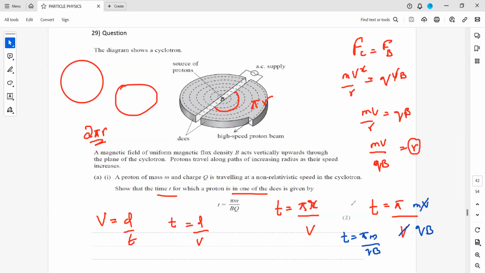I used a small q. You can use a capital Q here, because in the question they mentioned the charge as capital Q. But it's the same idea: the time taken to complete half of the D will be pi m by qb. Is this derivation clear?